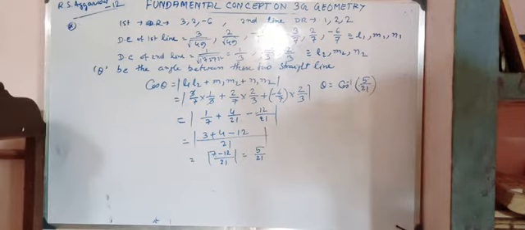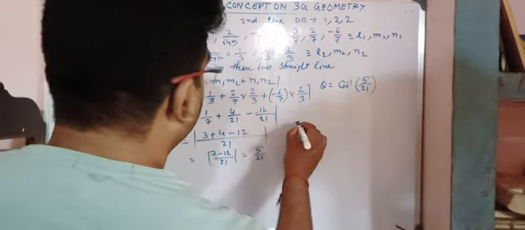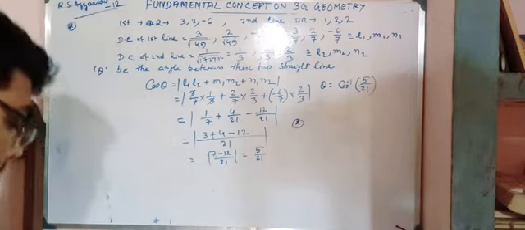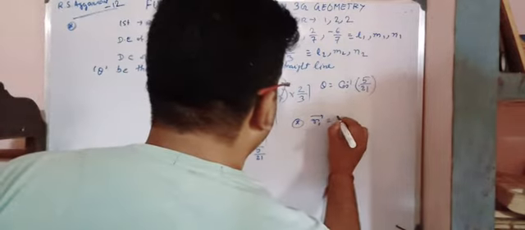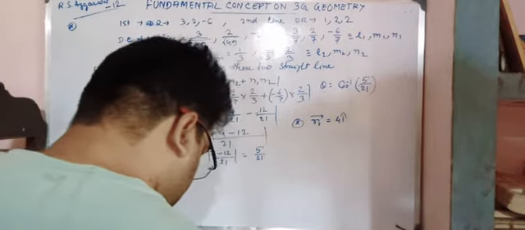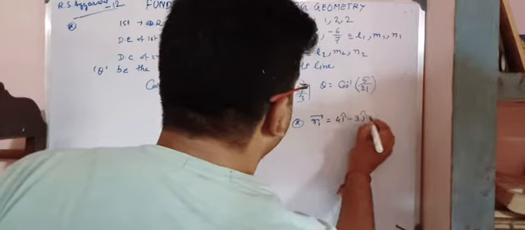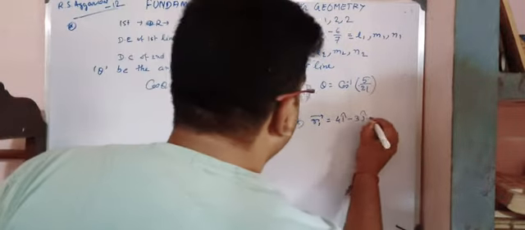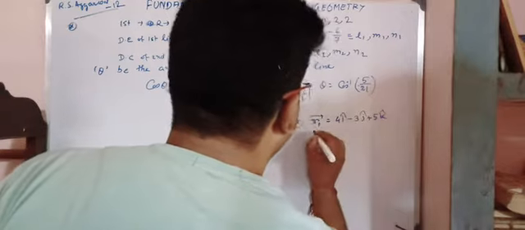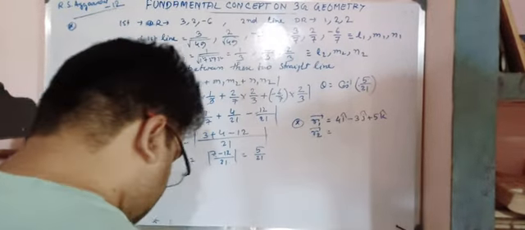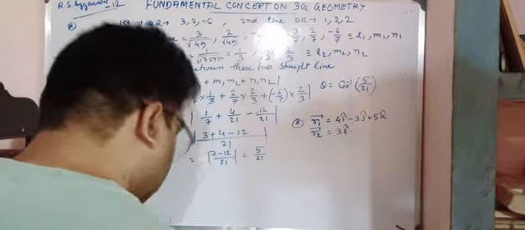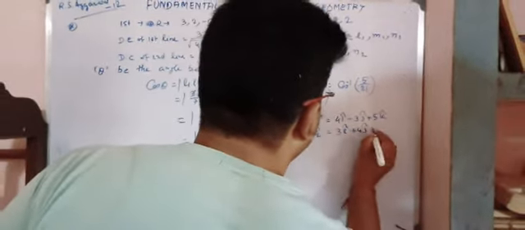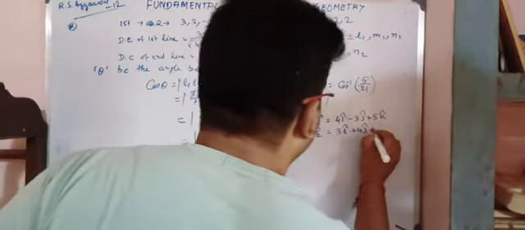Next, another question is given here. The question is in vector form. My R1 vector is given here: 4i cap minus 3j cap plus 5k cap, and R2 vector is given here: 3i cap plus 4j cap and 5k cap.